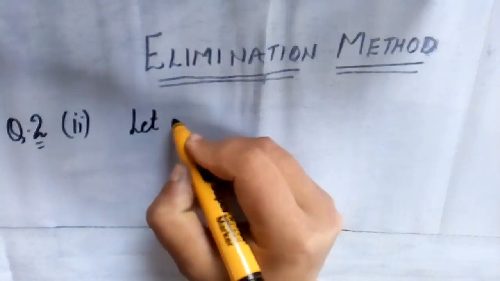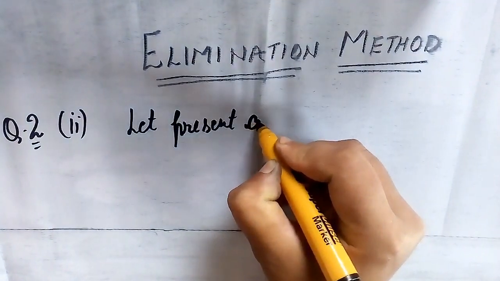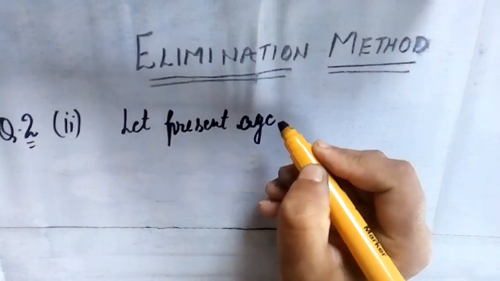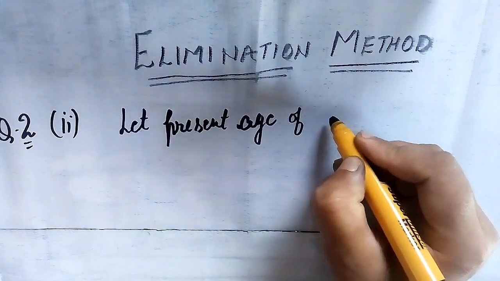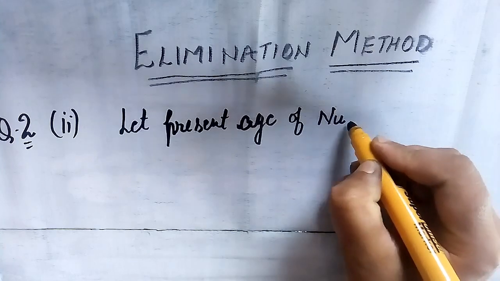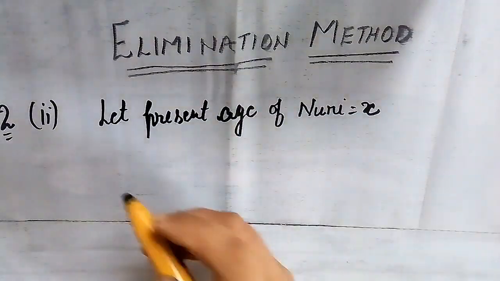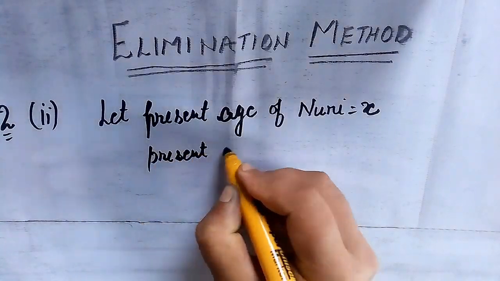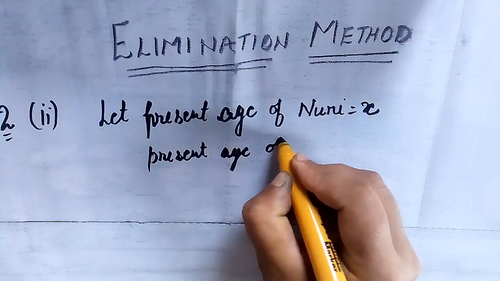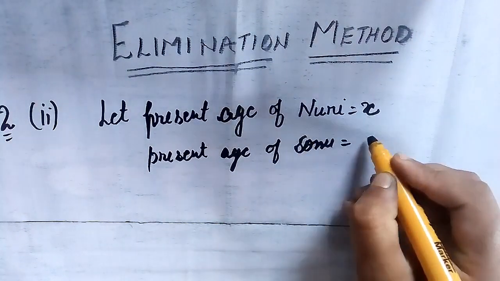So first of all, let us suppose their present ages. Let present age of Nuri equal to one variable, that is x, and similarly present age of Sonu equal to y.